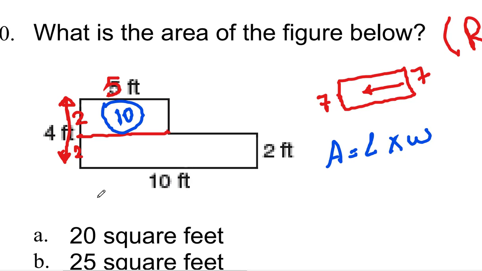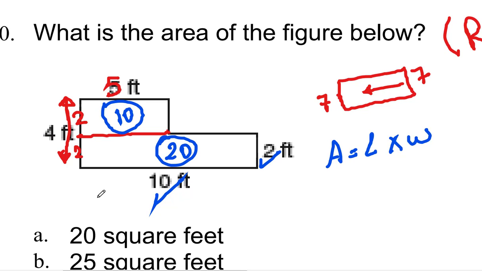And I circle it because I have many numbers written. So I need to know which one is the area, because I will add the areas. I will do plus. So I need to know which one I'm going to add. And down here, my heroes, it's clear, 10 and 2. 10 times 2 is 20.